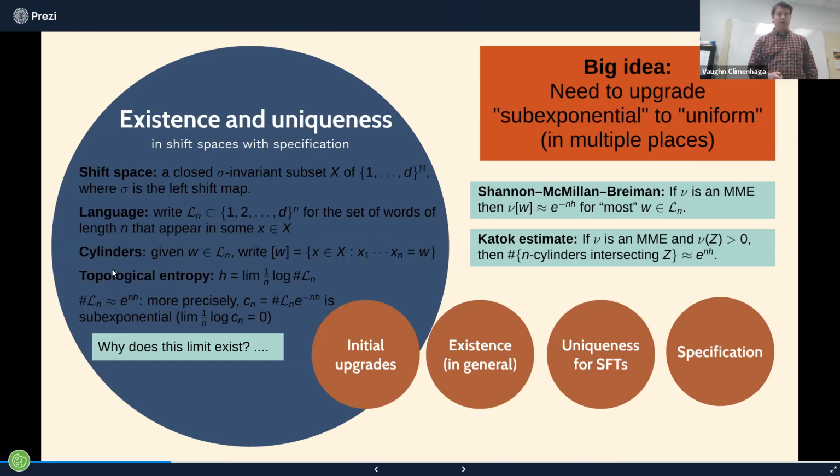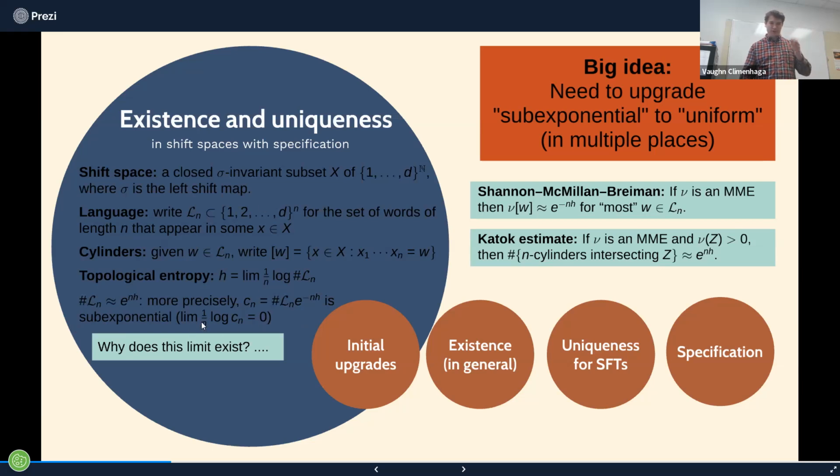Now, throughout the talk, when I write this approximately equal sign, what I mean is that the quantities on the left and the right have the same exponential growth rate. In other words, if you take their ratio, which here would be this quantity Cn, the number of words divided by e to the nh, that is sub-exponential in this sense.